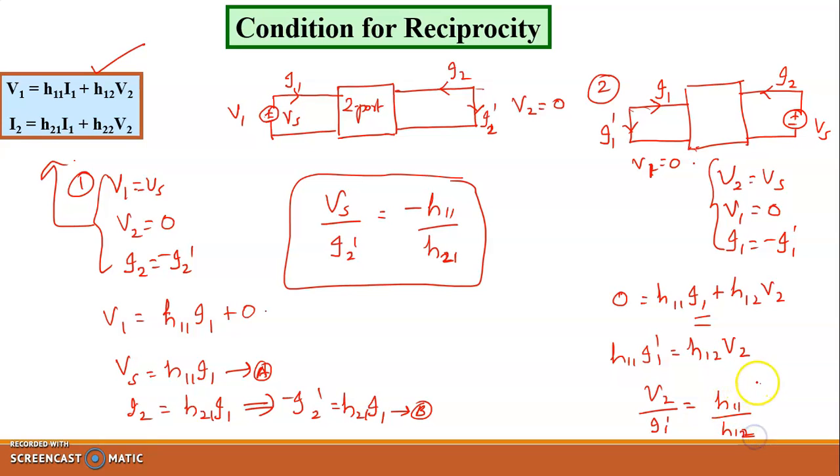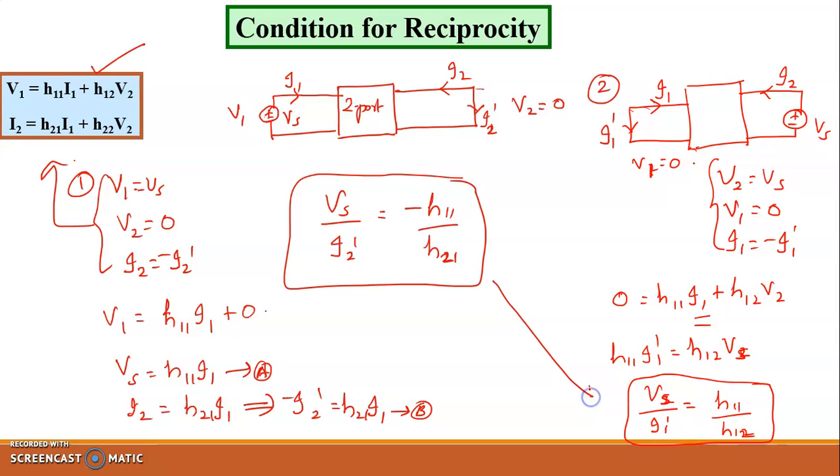This is the ratio of source to the response, when I connect the source or excitation at the output side and take the response from the input side: Vs by I1 dash is equal to H11 by H12.